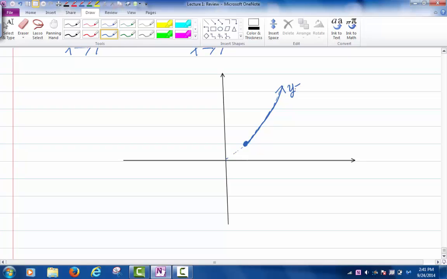This is part of x squared, right? And what do I get for negative x squared? So this is 1 here.